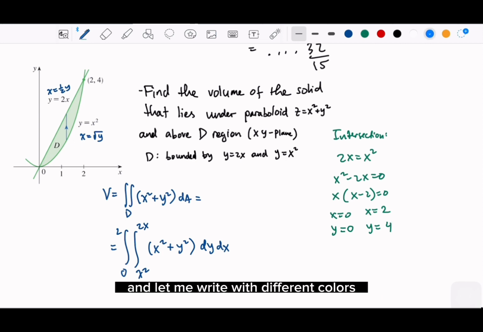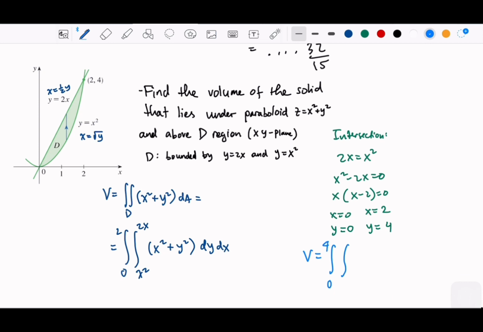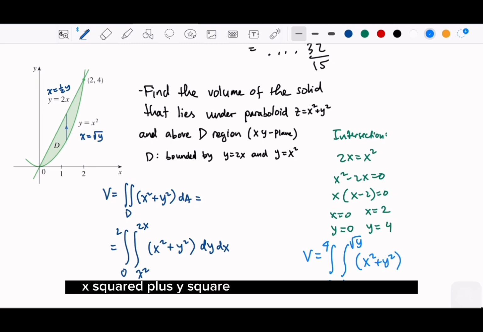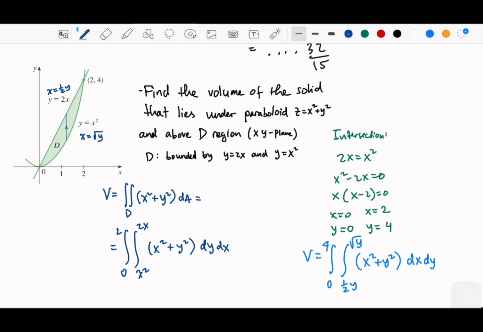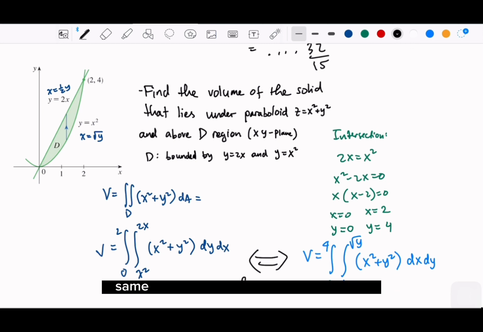And let me write with different colors. So 0 to 4, and then x goes from half y to square root of y, of x squared plus y squared. This is going to be dx dy. These two should result in the same number at the end. So you can choose which one, your method, your path, left or right.